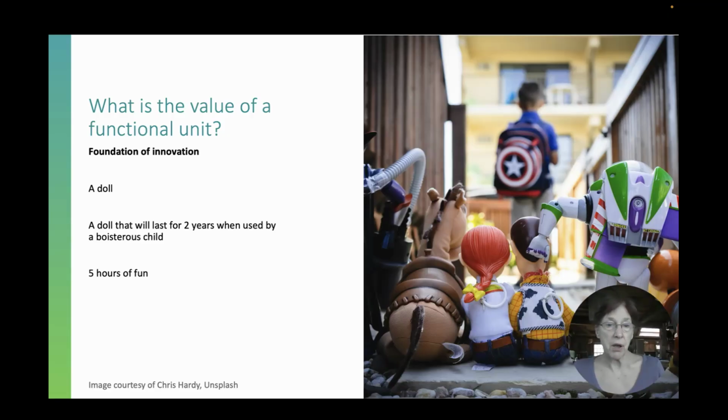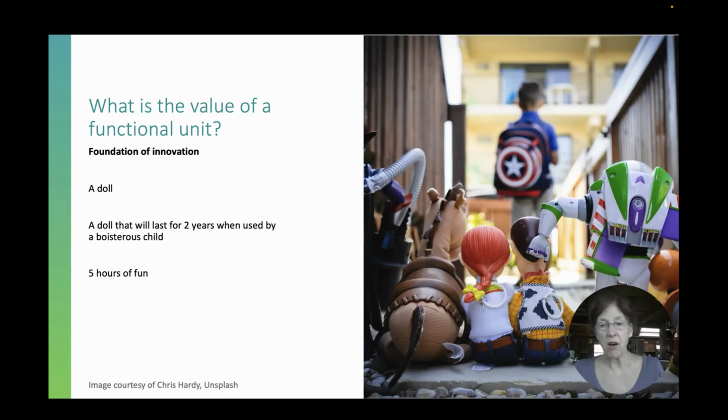Somebody else could use it when we're not using it. What does that do? So this is the value of the functional unit. And it's part of the reason to get it right. The other part of it is to be able to have a real good foundation for your study and to make it as broad as possible.